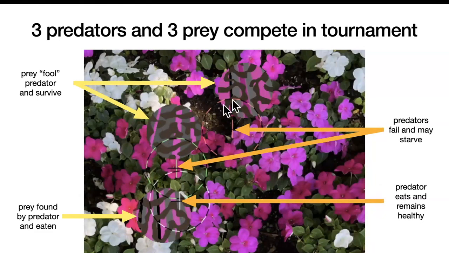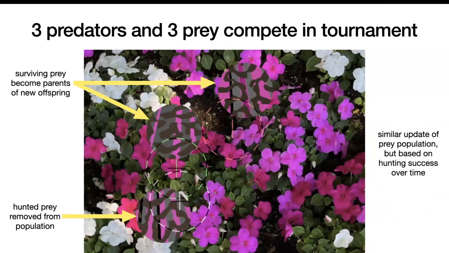But the other two prey escaped unharmed, but that meant that the other predators did not get a meal. So this one is removed. This prey and this prey form a new offspring, which goes back in the population. And the predators, they get hungry. They don't die until they've missed like 20 meals, something like that.